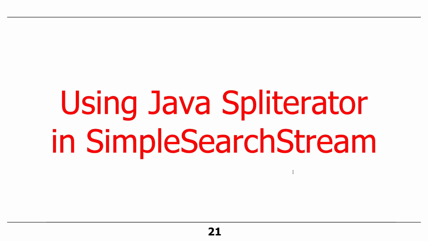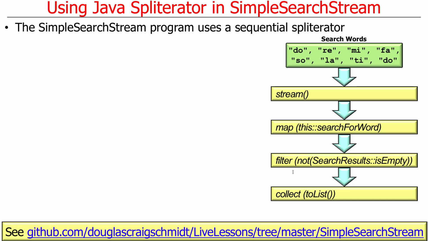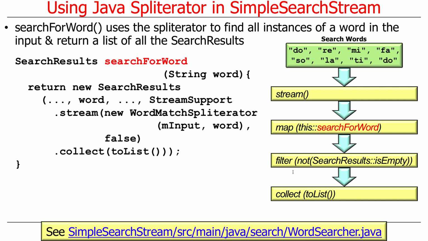Okay, so now that you know a little bit about what a Spliterator is trying to do, let's see how we could actually apply it. We're going to use a sequential Spliterator in order to do the searchForWord method. Remember, searchForWord is the method that's used to find all the instances of a word in our list of words we're looking for, like do, re, mi, and so on.